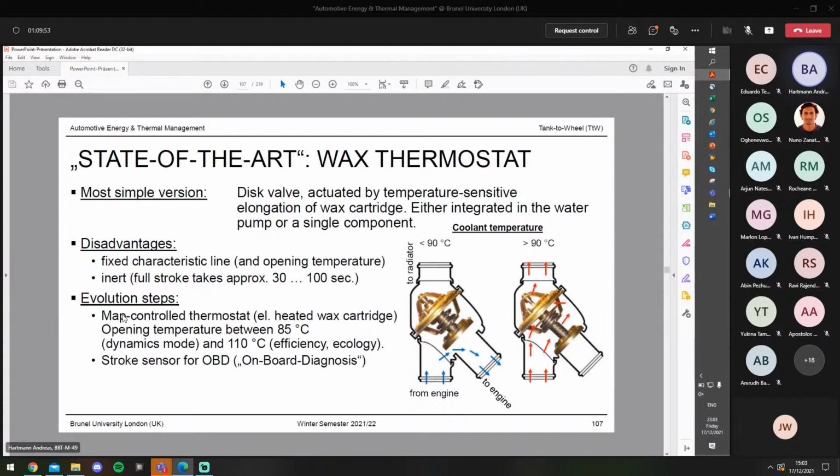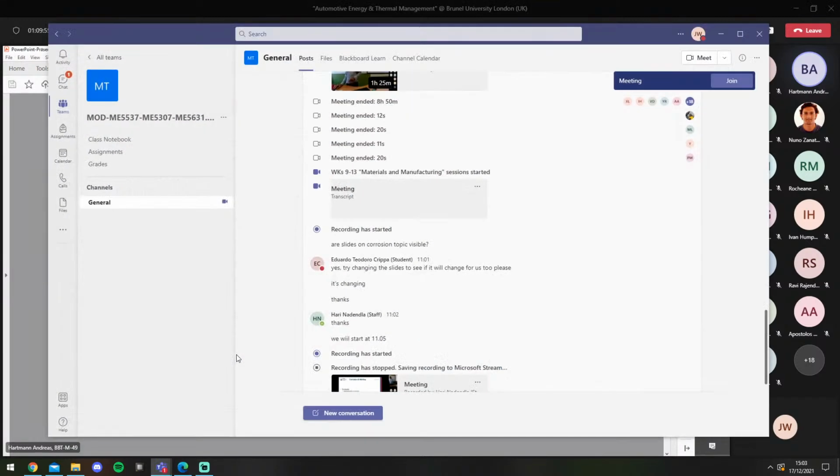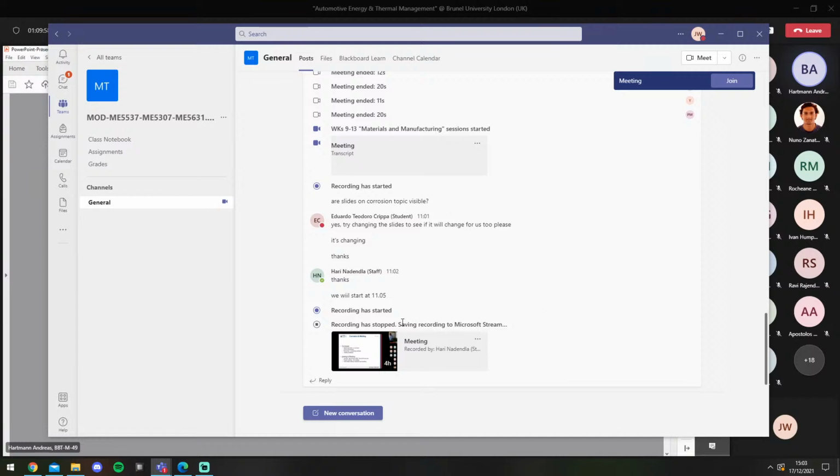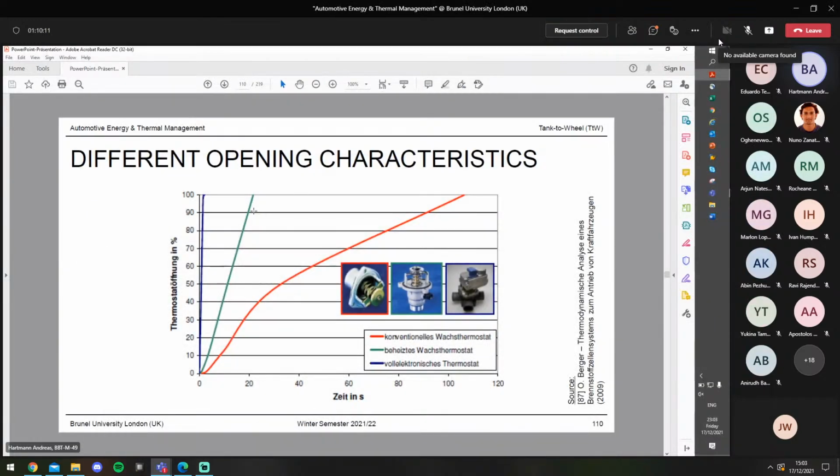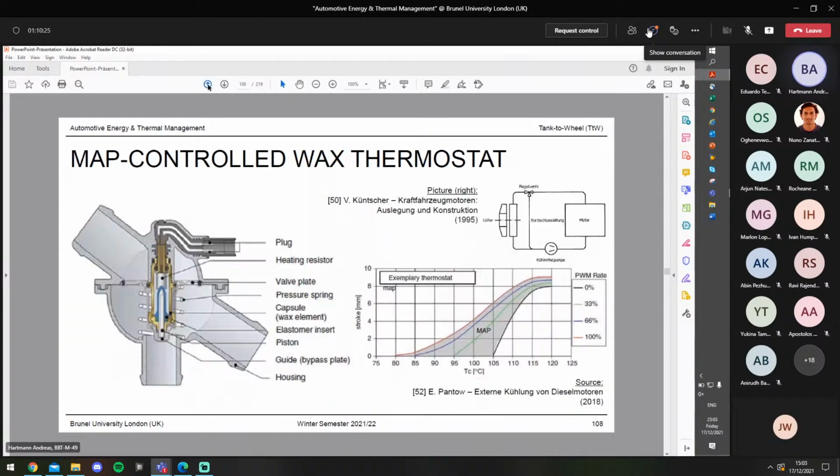But if you have a so-called map-controlled wax thermostat in place, you can achieve by heating, in addition, the wax piston, a very quick opening of the thermostat, and you can then decrease the coolant temperatures very, very quickly, much quicker than with a passive thermostat, which again helps to ensure the protection of the engine.